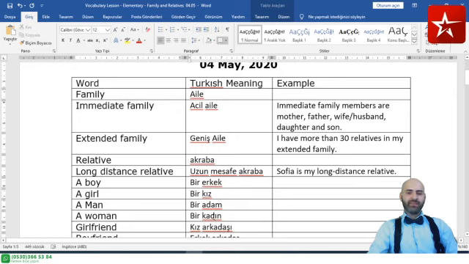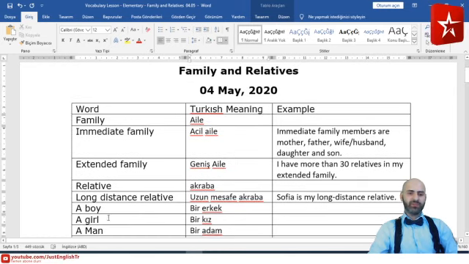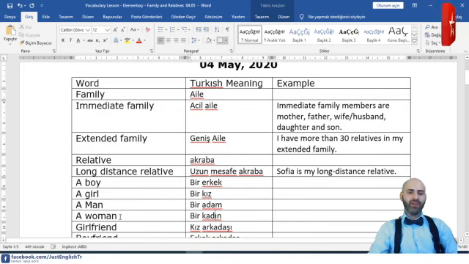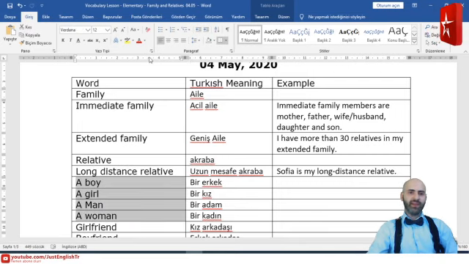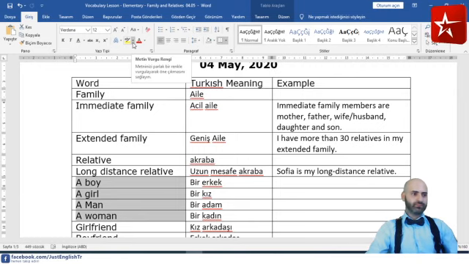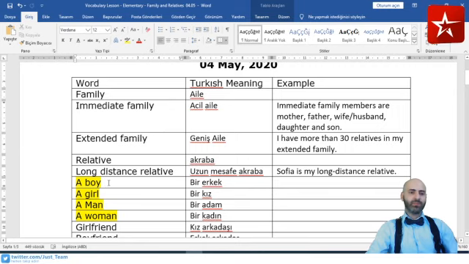Now, guys, let me ask you to give me some examples. Can you please give me examples of a boy or a girl or man or woman? So we are focusing on these 4 words. Can you please write one sentence and use boy or girl or woman or man, okay?